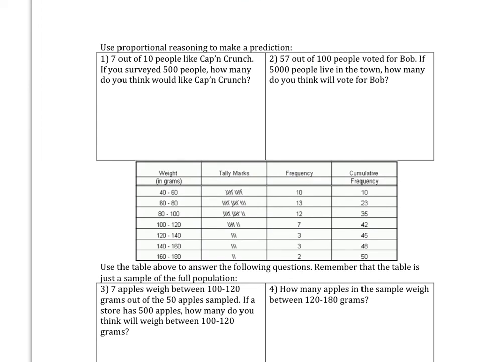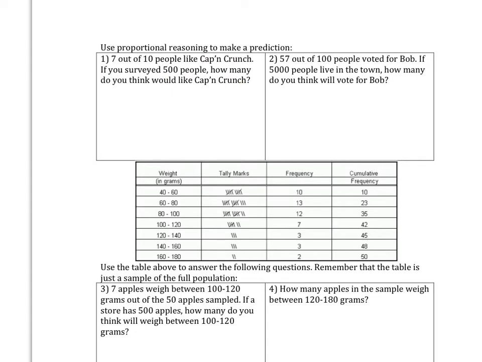Here's some more examples. Use proportional reasoning to make a prediction. Number 1 is 7 out of 10 people like Captain Crunch. I happen to be one of those. I love Captain Crunch. If you surveyed 500 people, how many do you think would like Captain Crunch? Well, we're not going to survey 500 people.